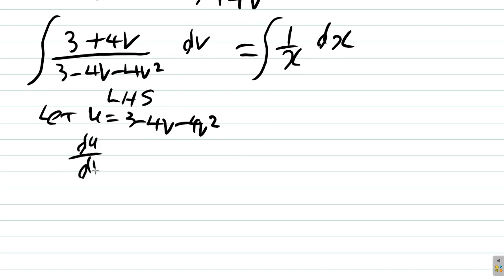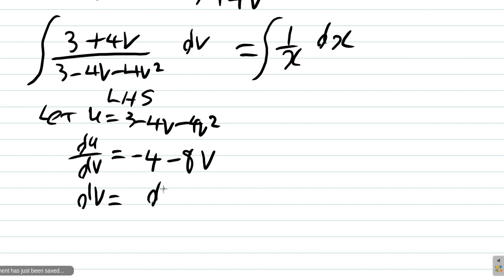du by dv equals, the 3 becomes 0. This is negative 4, 2 fours are 8, minus 8v. Alright. So dv will be equal to du over negative 4 minus 8v.